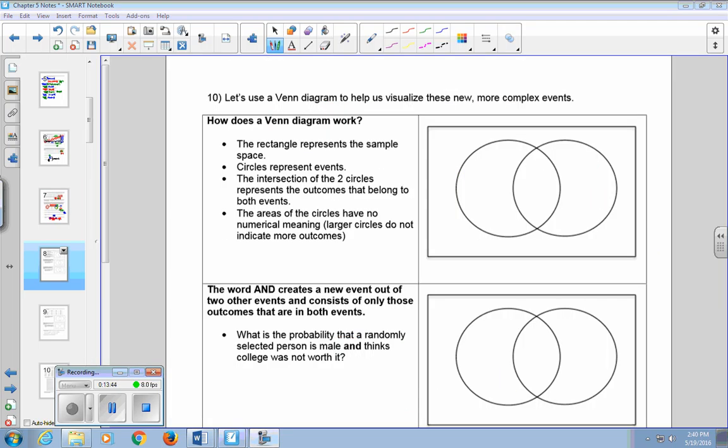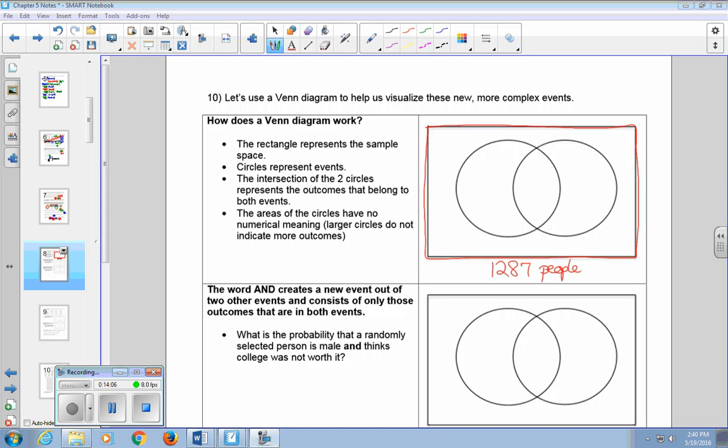Okay, so let's use a Venn diagram to help us visualize these new, more complex events. So let's start off with how a Venn diagram works. The rectangle represents the sample space. So here's our rectangle. Imagine that this includes the 1,287 people from our survey. Circles represent events.